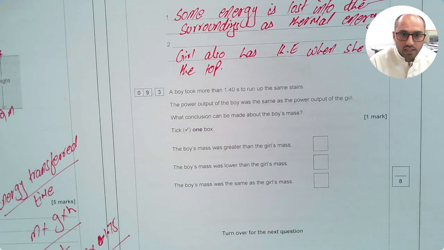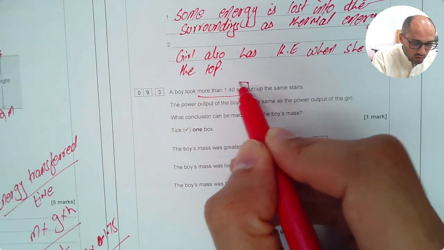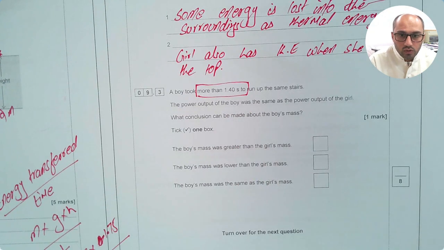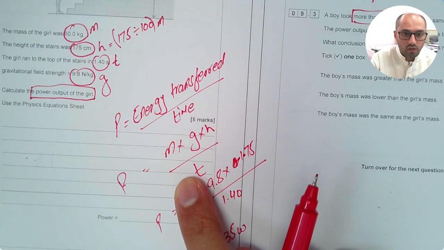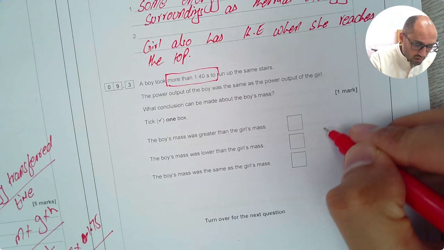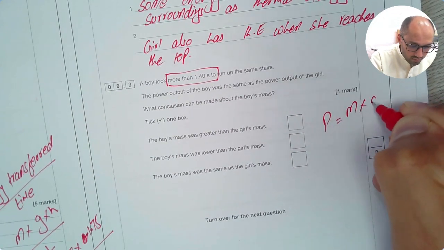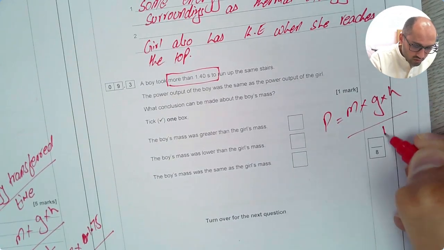Next part says a boy took more than 1.40 seconds to run up the same stairs. The power output of the boy was the same as the power output of the girl. Which conclusion can be made about the boy's mass? So I'll pick up the same equation from this part, and we just have to consider this: m times g times h over t.